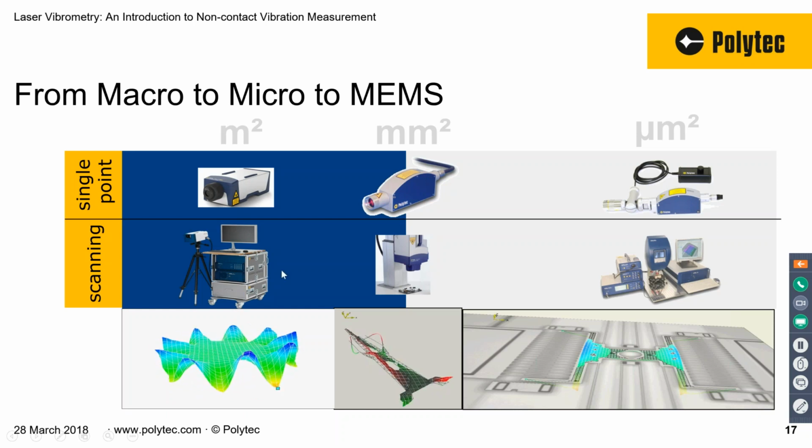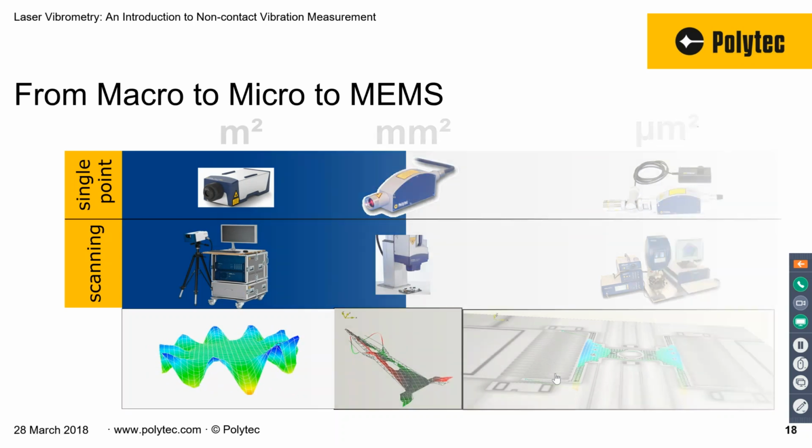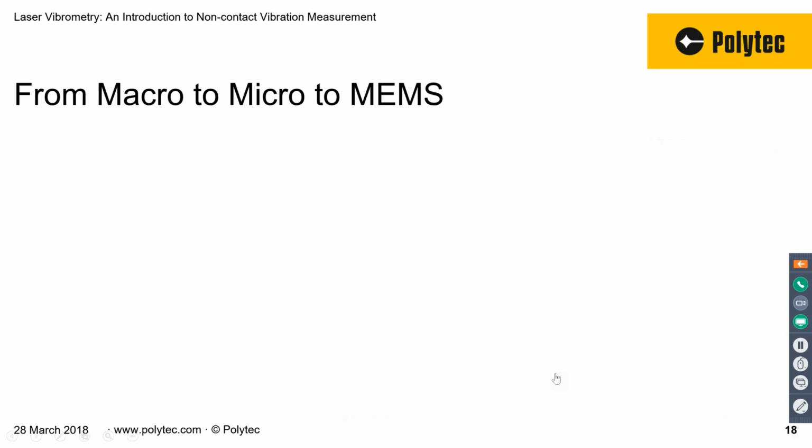And in the middle we have a large area scanning vibrometer with a close-up attachment, so we can measure objects that are smaller than, say, the size of a business card. So yeah, we can truly cover the entire spectrum, not just in terms of frequencies of vibration, but in terms of area of view or size, dimensions of the structure.